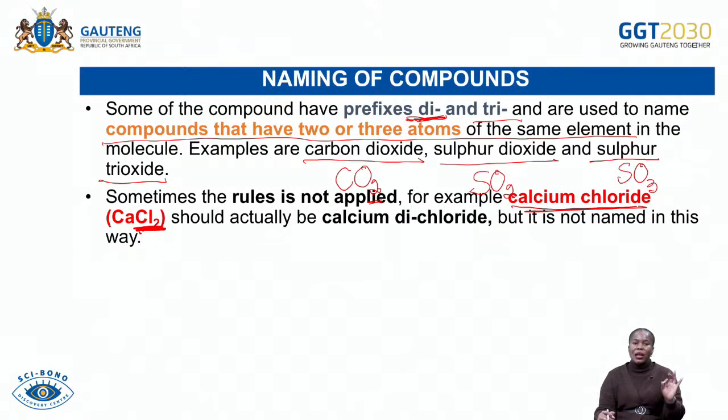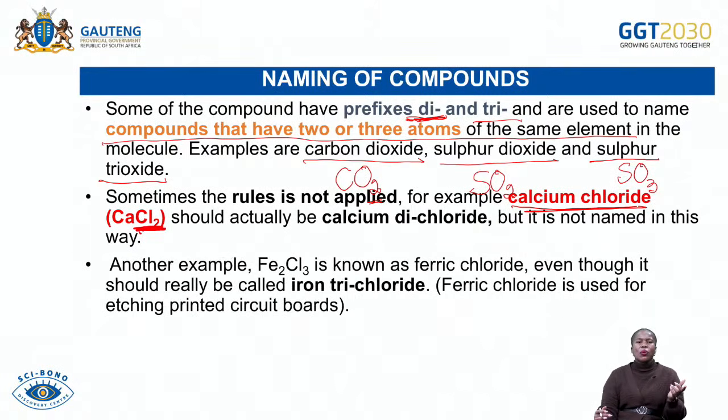Another one is iron chloride, which is ferric chloride, even though it should really be called iron trichloride because of the three atoms of chlorine. However, we just refer to it as ferric chloride, which is used for printed circuit boards.